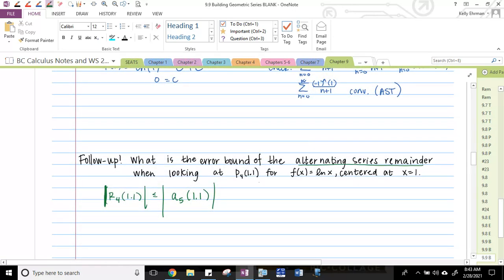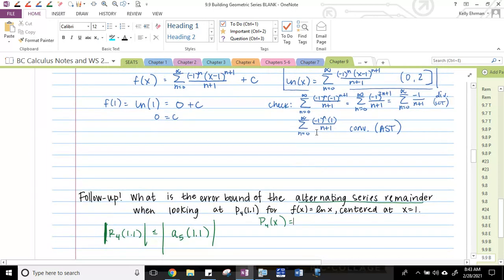All right. So we just have to figure out what the fifth term is. So I'm going to write out some terms here. P4 of x is equal to, according to our series, when we put in 0 for n, we get positive 1, x minus 1 to the first over 1.